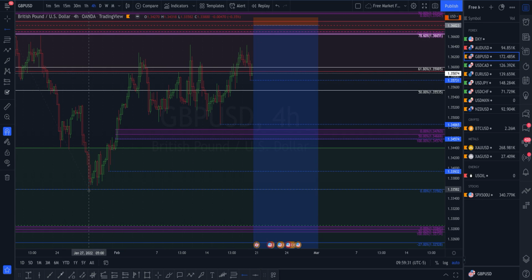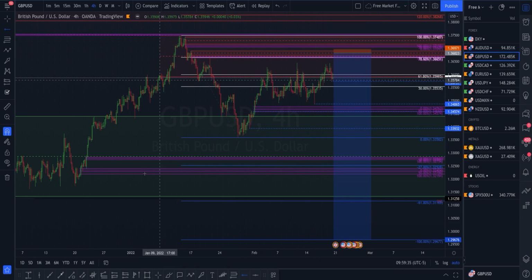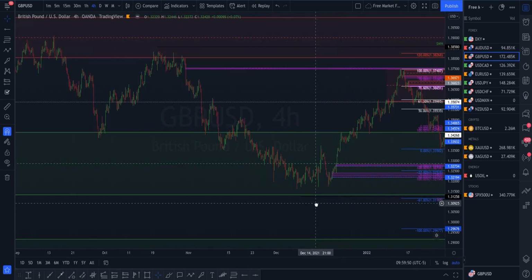Of course, the zero, which is TP1 typically for me. We've got that. We can shoot for that. Let's see what else we have over here, guys.